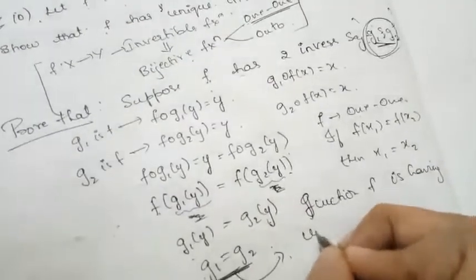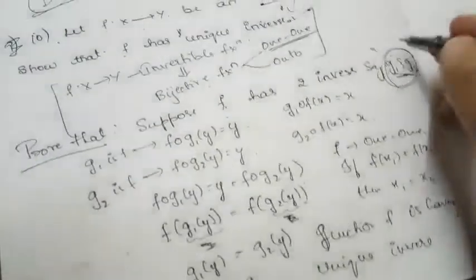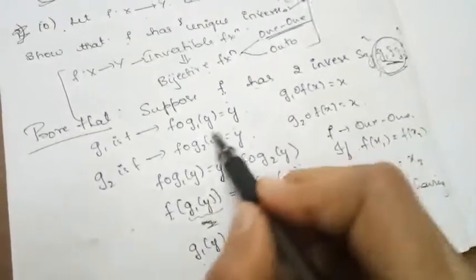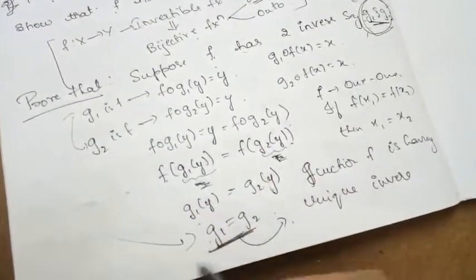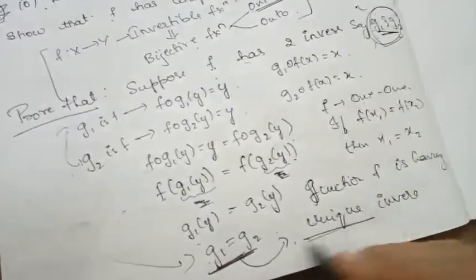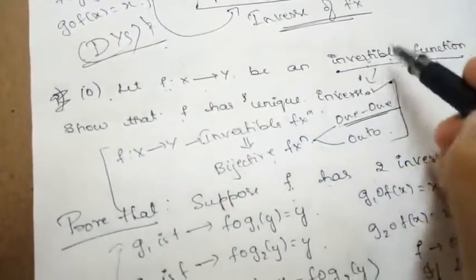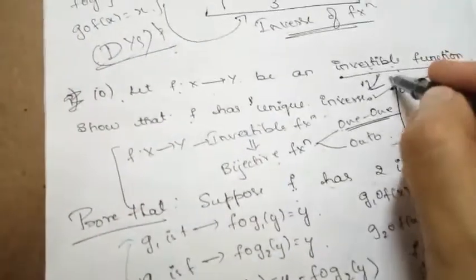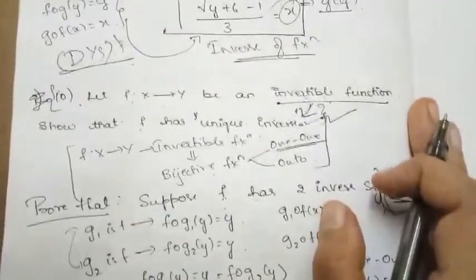So generally, if f is an invertible function, then it has a unique inverse. Remember this concept, which is very helpful in the upcoming topics.